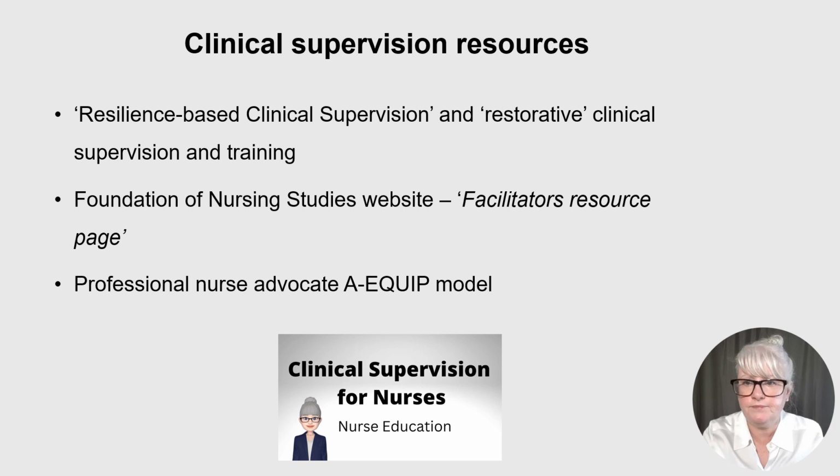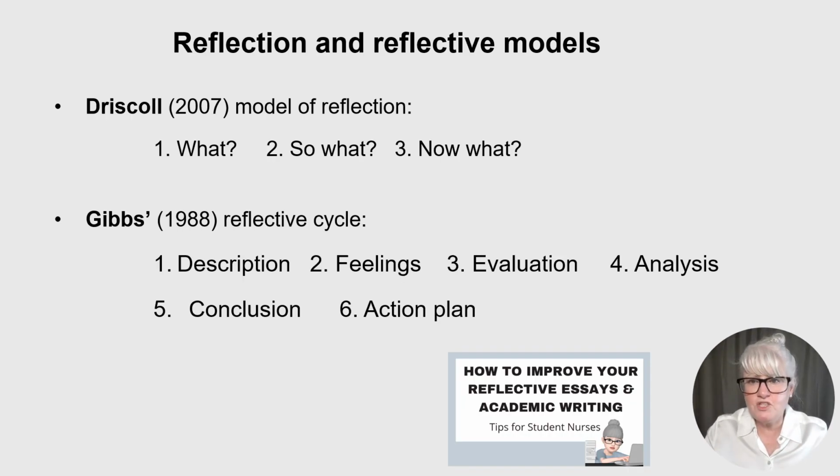models. As part of your preparation, you might want to look at the reflection and reflective models. I've got the references for Driscoll and Gibbs at the final slides. You should already be familiar with these reflective models, but just in case you need some revision, Driscoll 2007 model of reflection is the simplest.